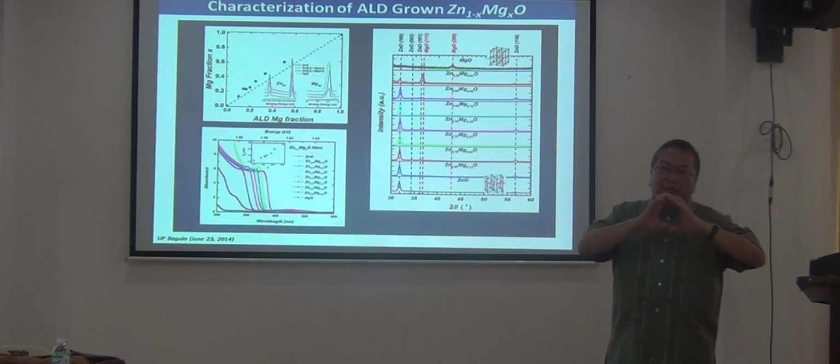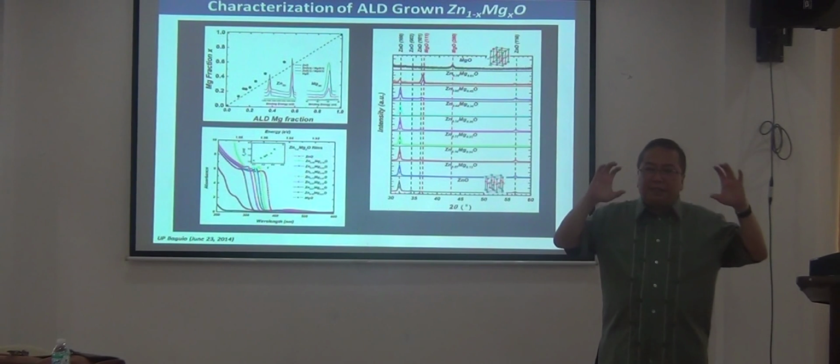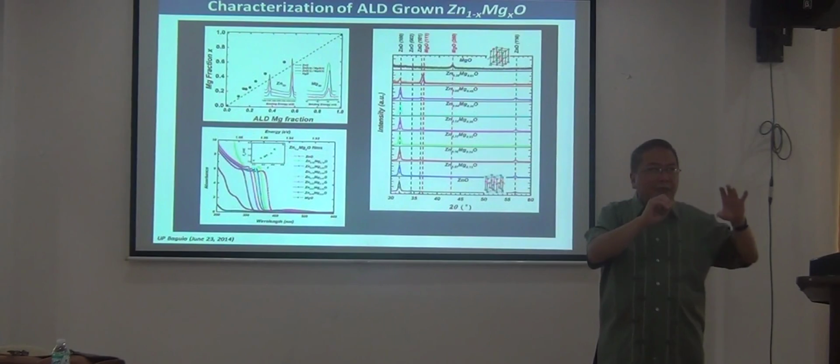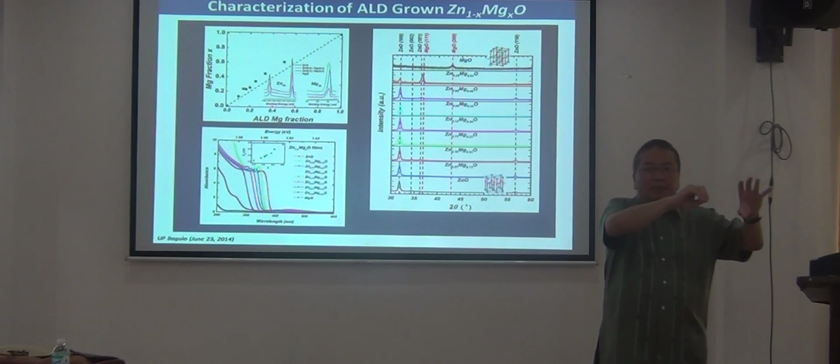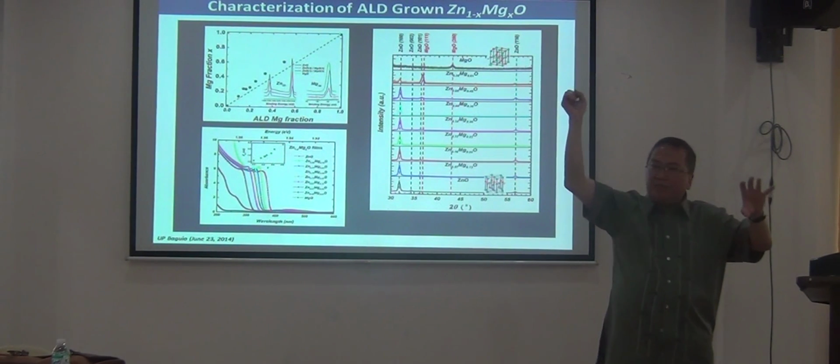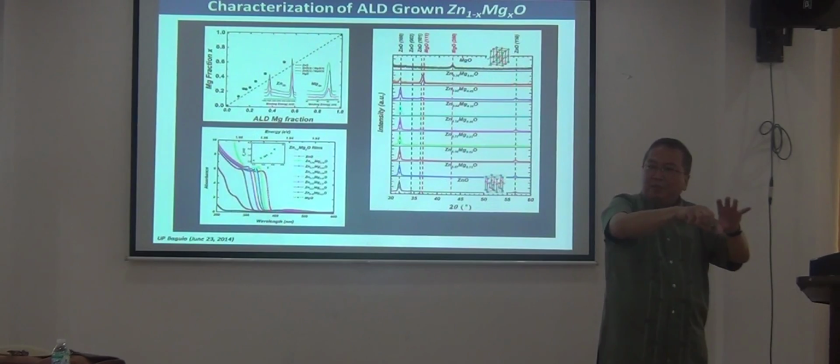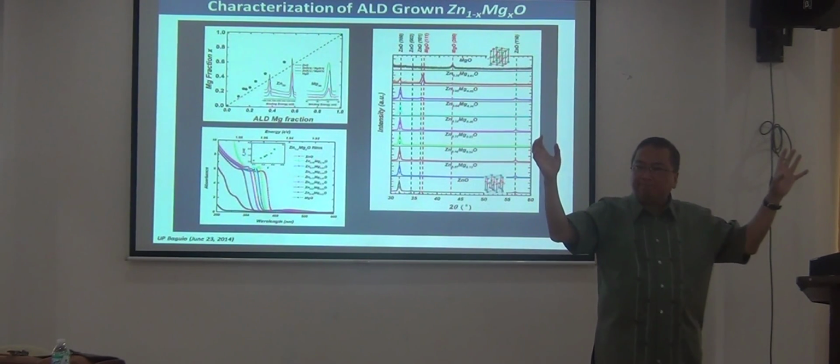Here, this one I still don't understand because this is done at 150 C. Normally when you dope a material, let's say you have zinc oxide, you want to replace zinc with magnesium, you literally remove zinc and replace that with magnesium. That takes a lot of energy.